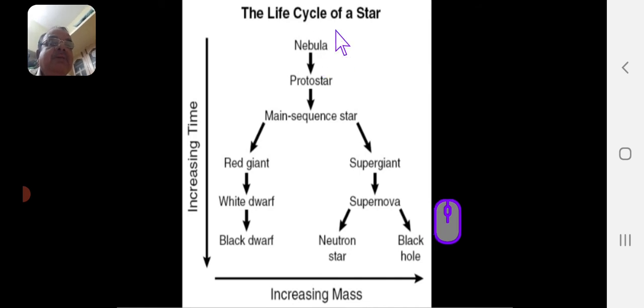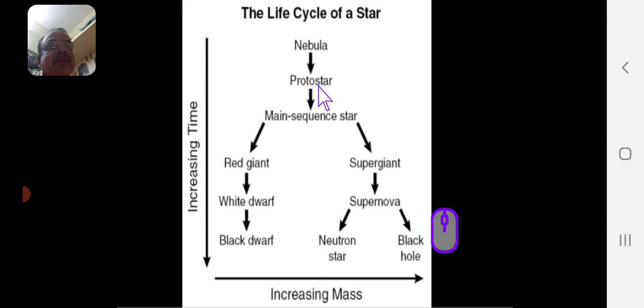Due to gravity and pressure, this hydrogen gas forms a shrinking ball. Those balls are called protostars. So initially, in this protostar, what happens? Hydrogen fusion takes place. A fusion reaction starts, and heat and light are emitted by the star.